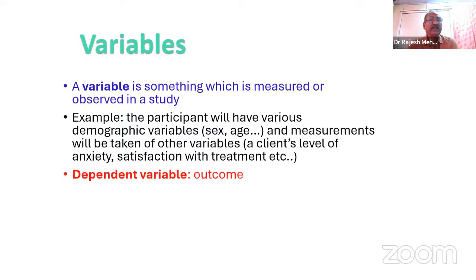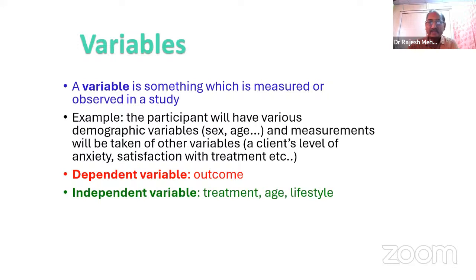Now two words: dependent variable and independent variable. Dependent variable usually means the person cured, not cured, worsened, died, etc. Independent variable is what kind of treatment, what was the age of that individual, what was the lifestyle of that individual, etc. But the variables, dependent or independent, will be defined by your study itself.